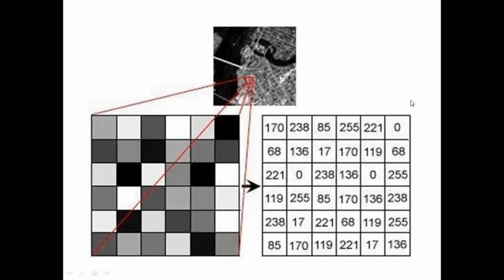So to remove the noise from the image, we may need to manipulate these numbers again. So this is nothing but the processing of the image.